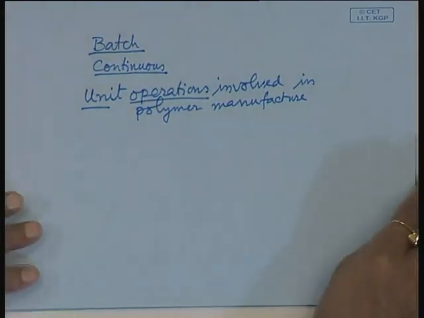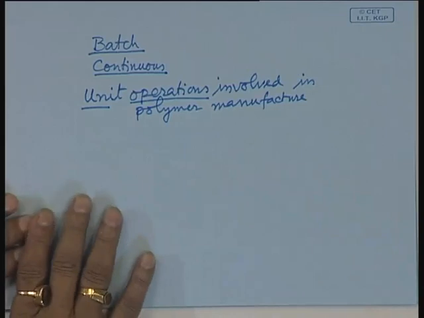These unit operations are the subject matter of chemical engineering. Say unit operations may be mass transfer, heat transfer, separation, purification, distillation, size separation, size reduction like crushing, grinding, all these things.